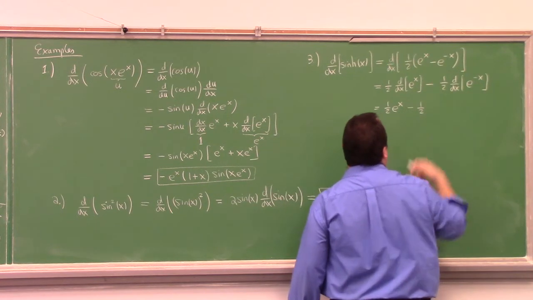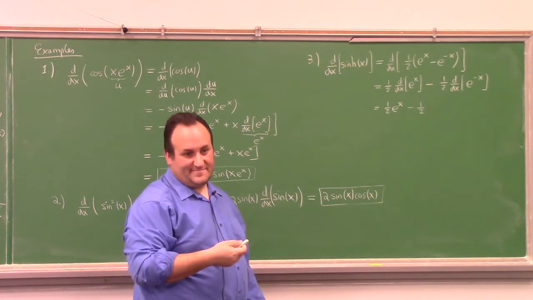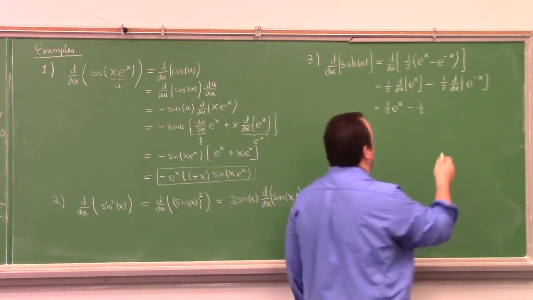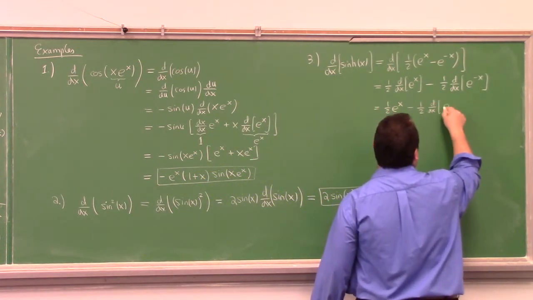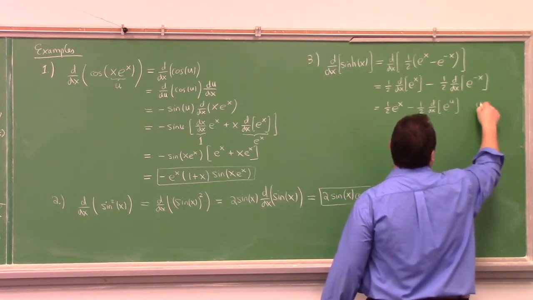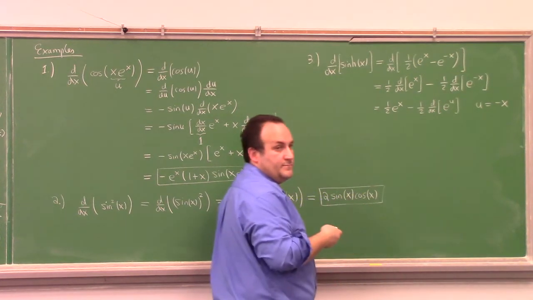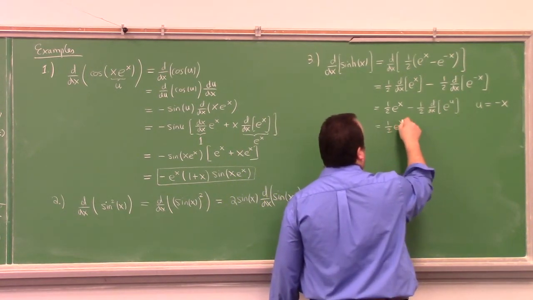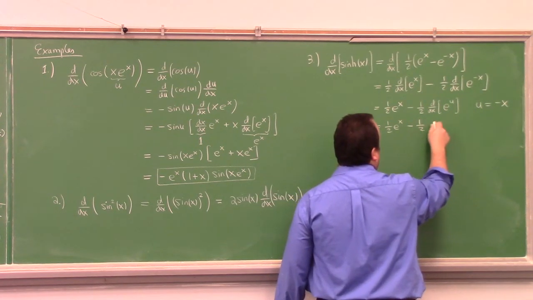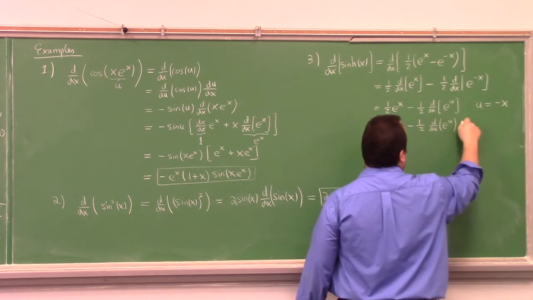Do you want me to put down the u step? Okay, I'll make the u step. So this is 1/2 d/dx of e to the u, where u equals minus x. The chain rule says that's minus 1/2 d/du of e to the u times du/dx, right?